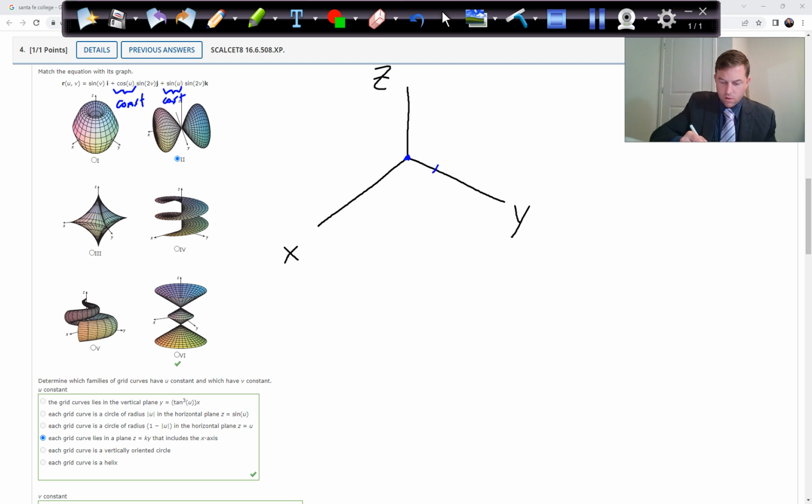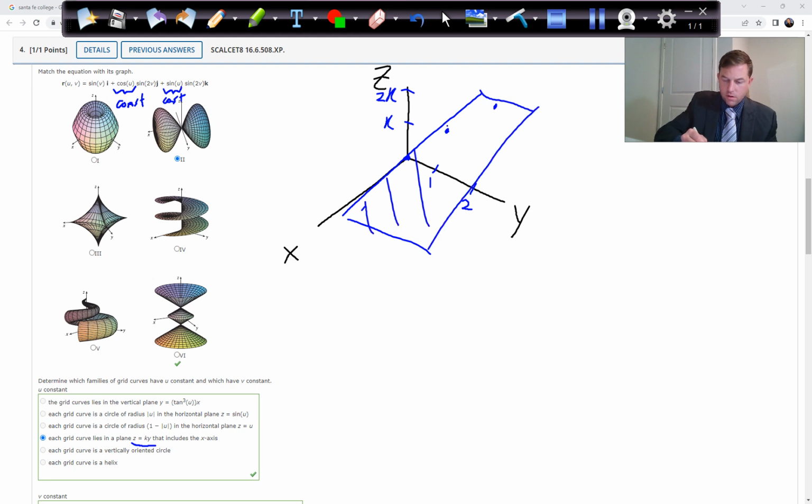And when y is 1, z is k. And when y is 2, z is 2k, according to this. And we're going to get kind of a plane that's going to go through the x-axis but go up like this. So we're going to have something that's going to go up. Boy, this is hard to draw. Like that. And it's also going to go down through this part too.